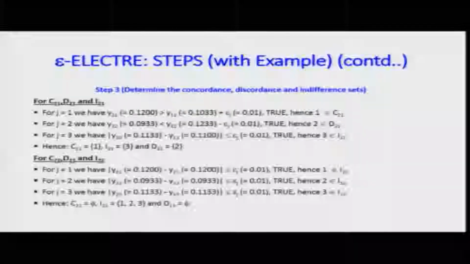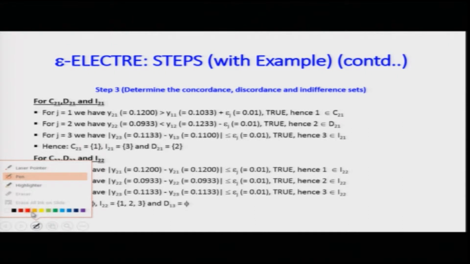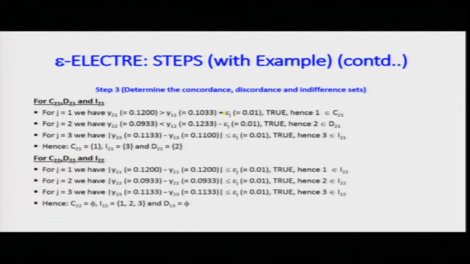We again take the value of epsilon, the difference, as 0.01 for all the cases. I am not changing it, even though I mentioned that depending on the J value the epsilon value can change, but I am not considering that.